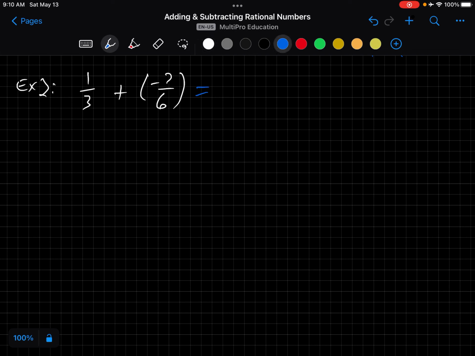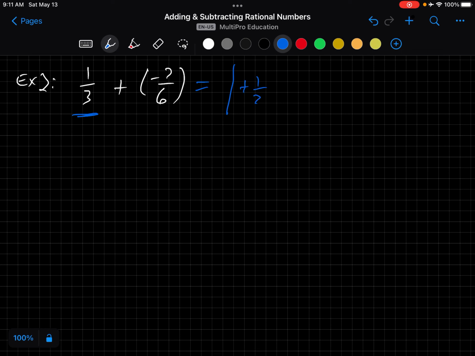Alright, so if we take a look at this, we can put this in absolute terms. So this is a positive, right? There's no negative sign there. So this is the same as positive 1/3.